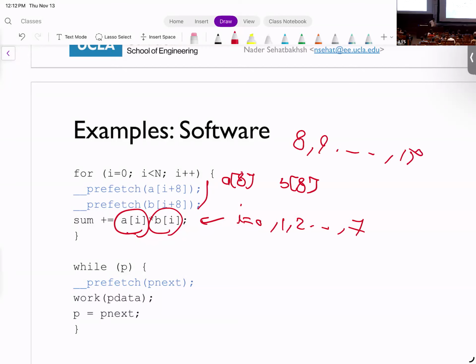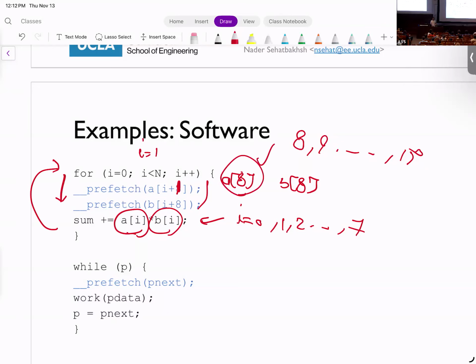But generally, this could also be I plus 1, it doesn't matter. What it says is that when I'm reading the current line, I also put a prefetch request to bring the next line. So the prefetcher not only fetches the current address, but also brings the next one. And what will happen is that in the next iteration of this loop, when I is equal to 1, we already have this data.